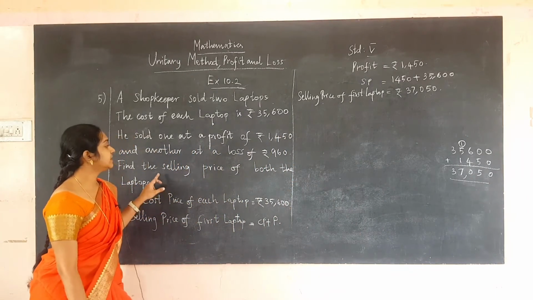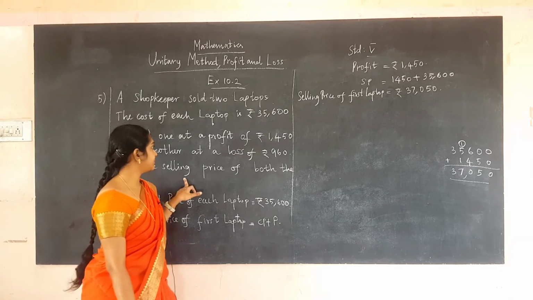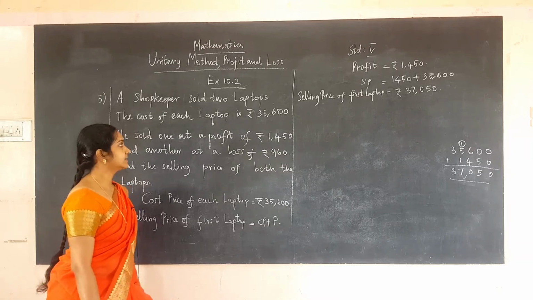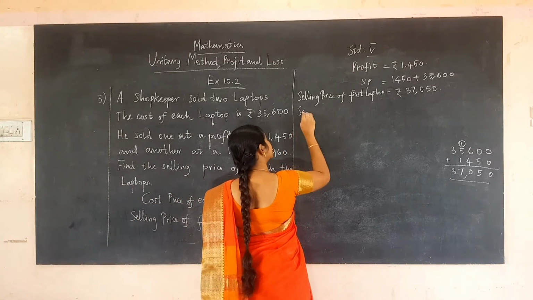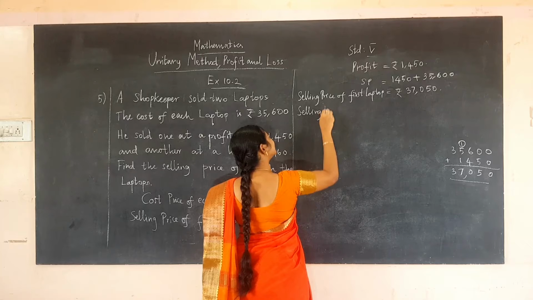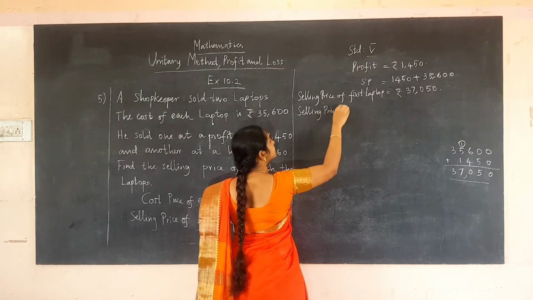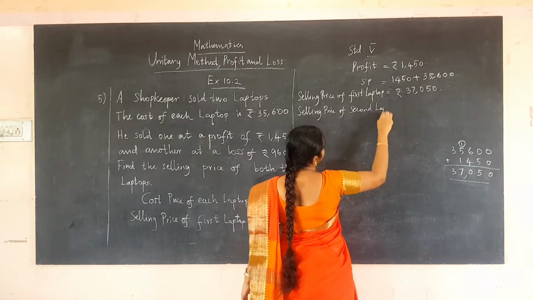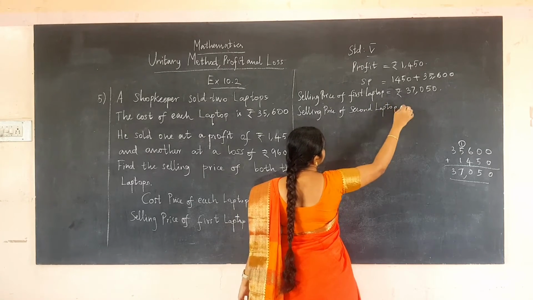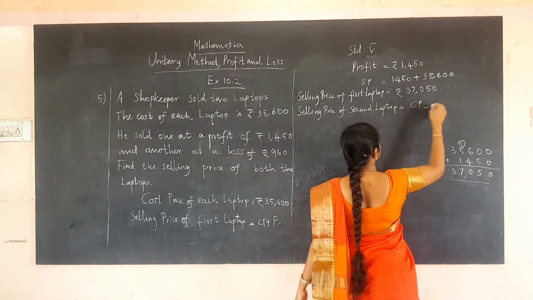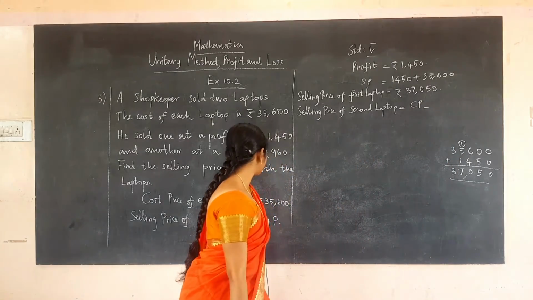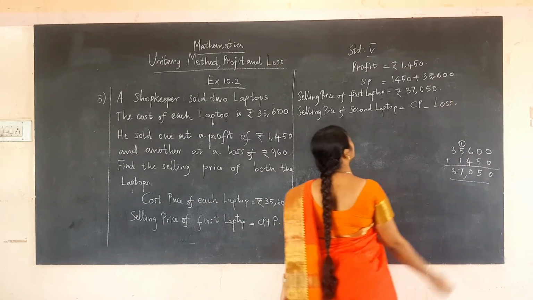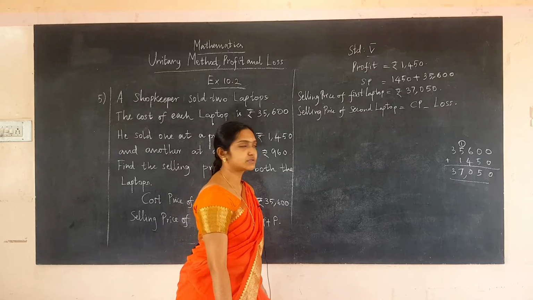Next we have to find the selling price of the second laptop. It is sold at a loss of rupees 960. It is sold at a loss, so we have to subtract loss from cost price.